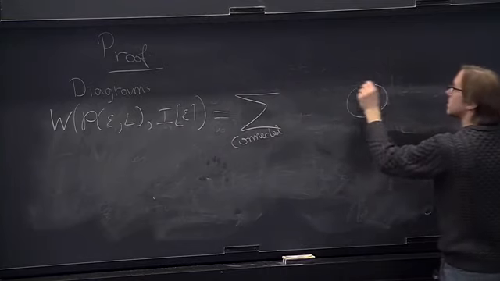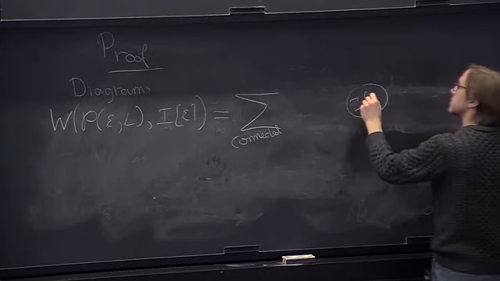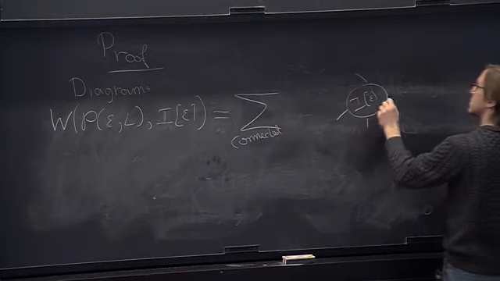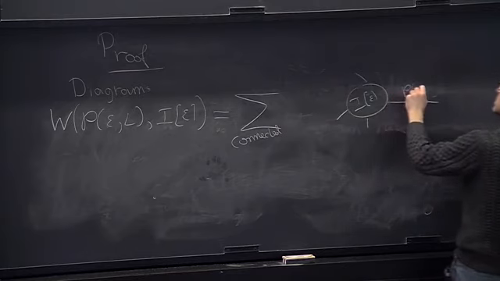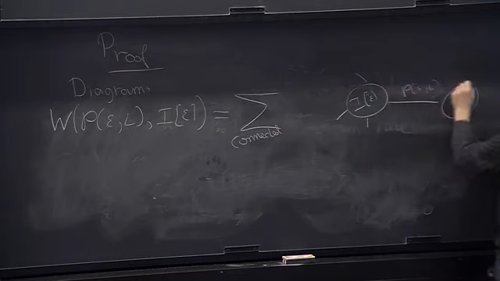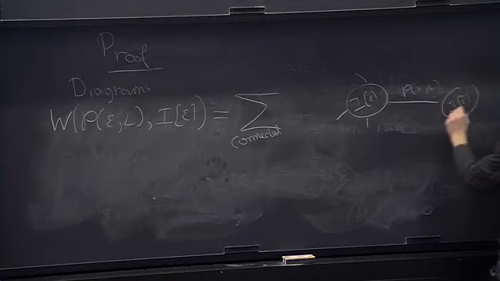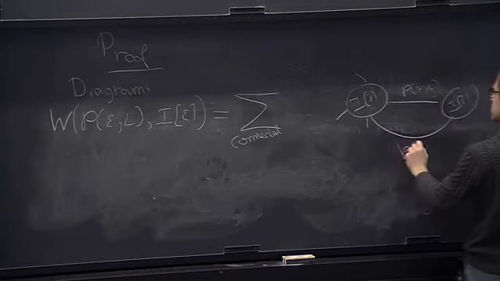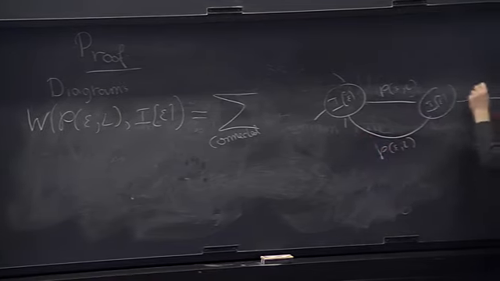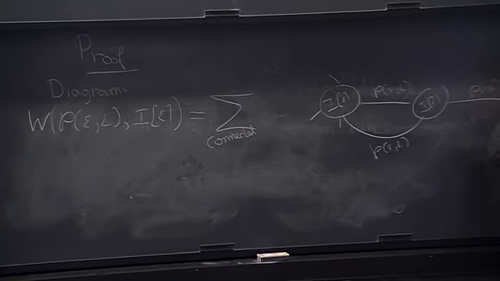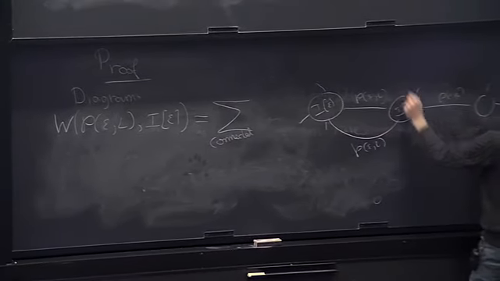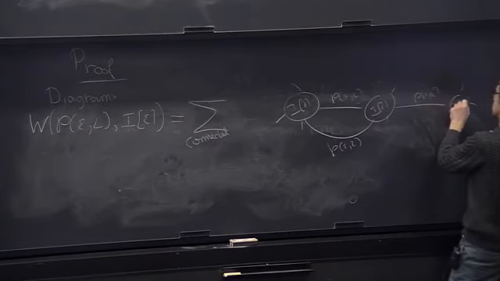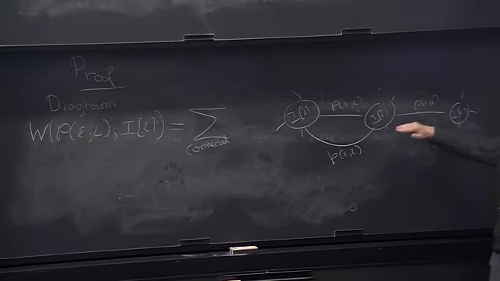Things like these kinds of expressions, where on every edge I have a P and on every vertex I have an I.